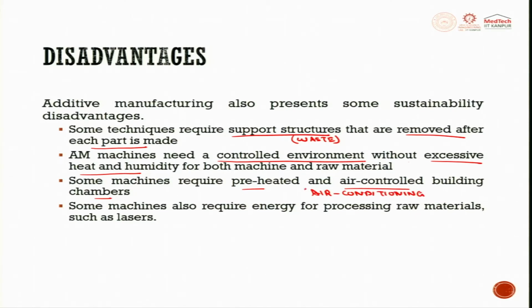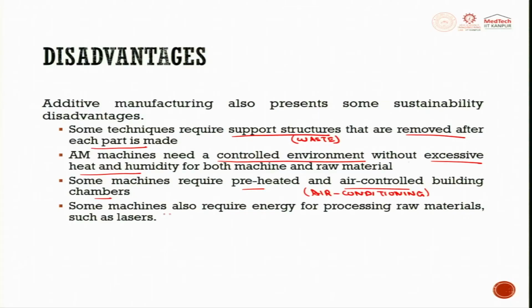So the workplace or the factory designed for additive manufacturing needs to have these conditions. So this also becomes a hidden variable that is not directly affecting, but in the overall energy input of the factory, the energy input sometimes is more when we employ additive manufacturing. Some machines also require energy for processing raw materials, such as lasers, etc. So there are always the ups and downs, the pros and cons.